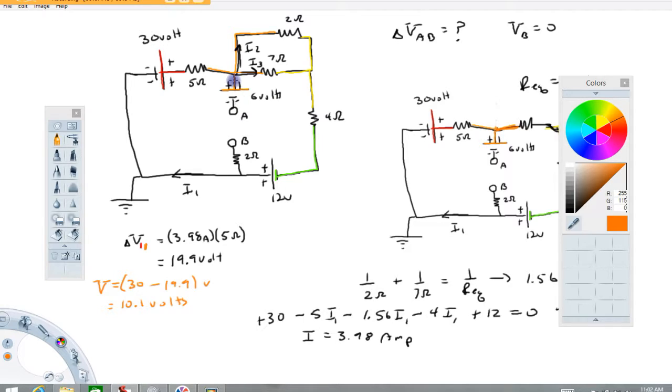Now, when we go down to here, we're going to drop by 6 volts. So I should actually have a different color on that, to tell you the truth. That's a different potential. Let's make that blue.